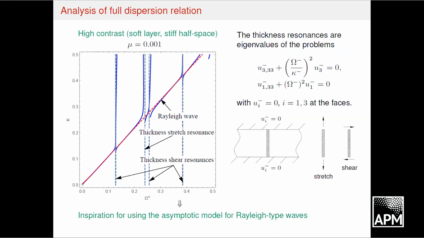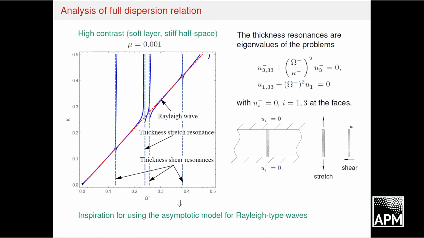So what we can see, all these branches, they are growing. There are some problems associated with thickness resonances, and these are shown here by the dashed line. So there are thickness shear and one thickness stretch resonance found here in this domain.